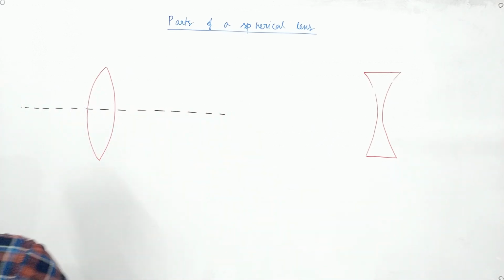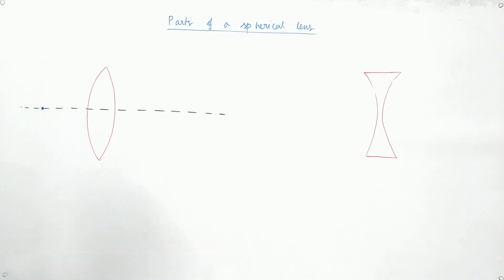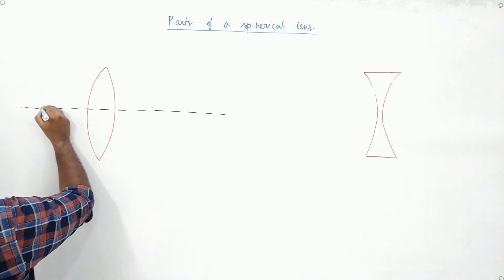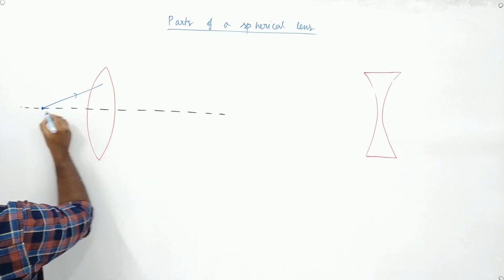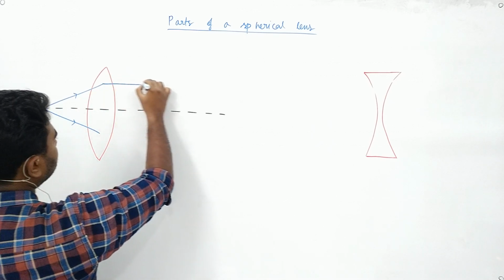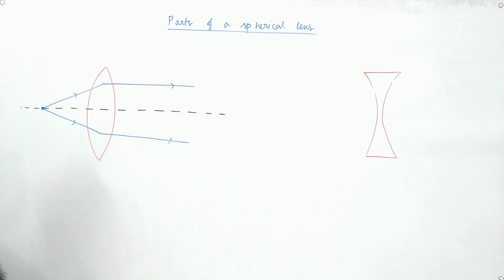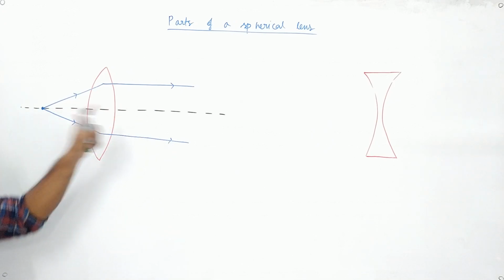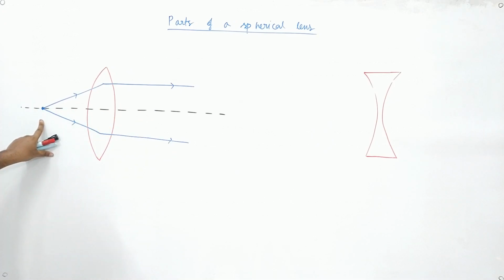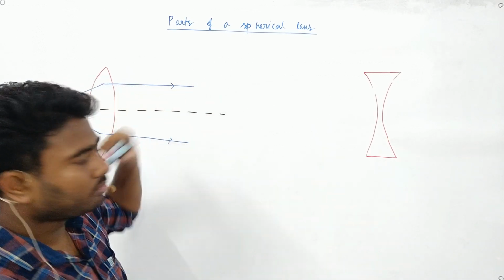Now, understand it in this way. Suppose I am having a point here. Suppose a ray of light emerges out from here and they move out parallel. So there is a point on this dotted black line where if I place an object, after refraction the rays of light will be parallel to each other.